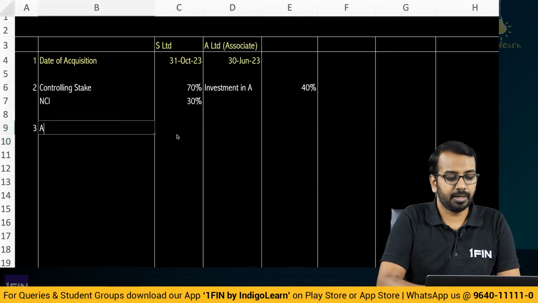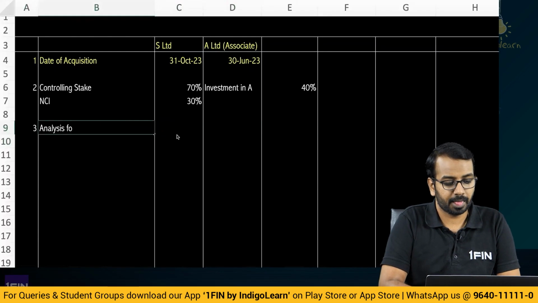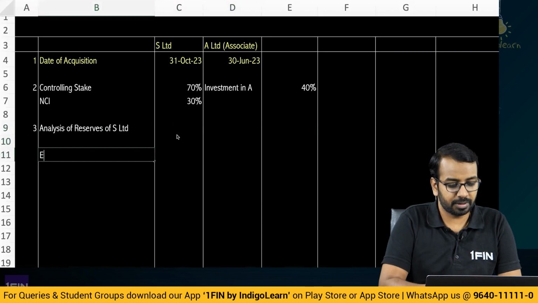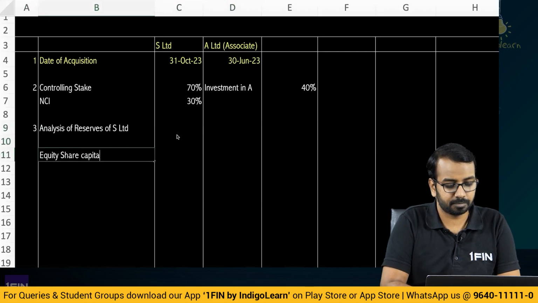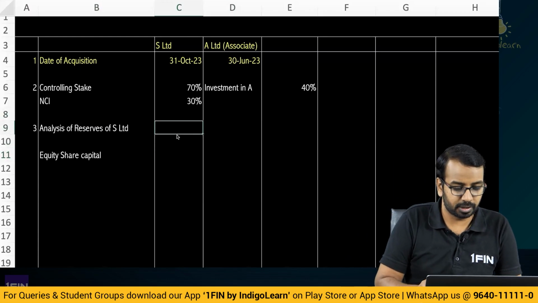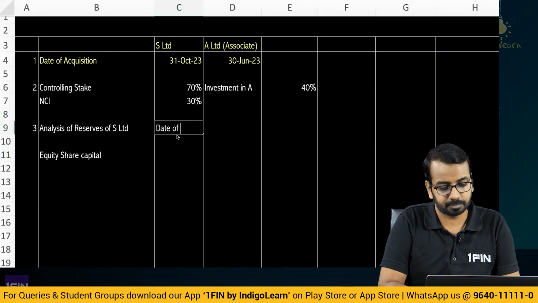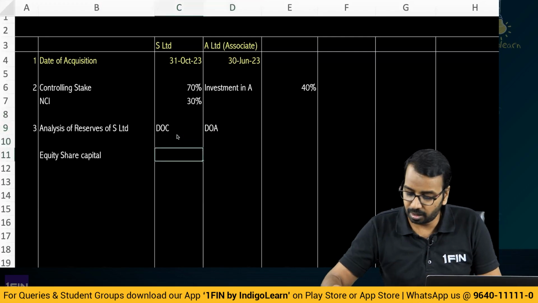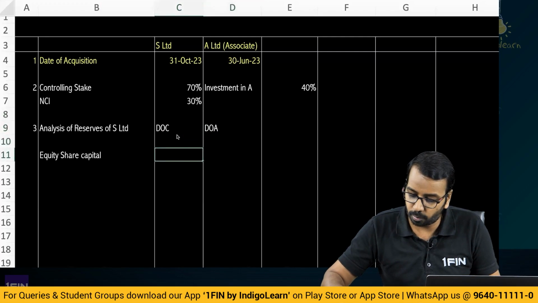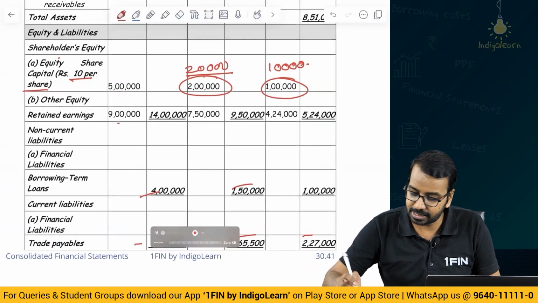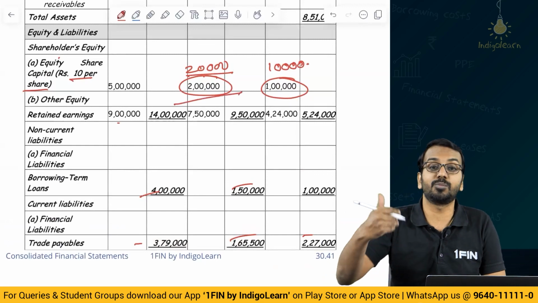So then, analysis of reserves of S Limited. Okay, so you have equity share capital, as per balance sheet or on date of consolidation, and what is there on date of acquisition. Now, equity share capital on date of consolidation is 2 lakhs plus bonus.